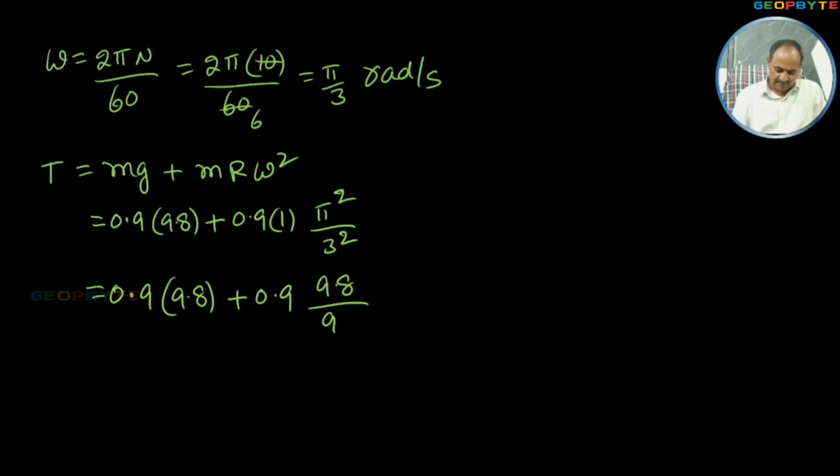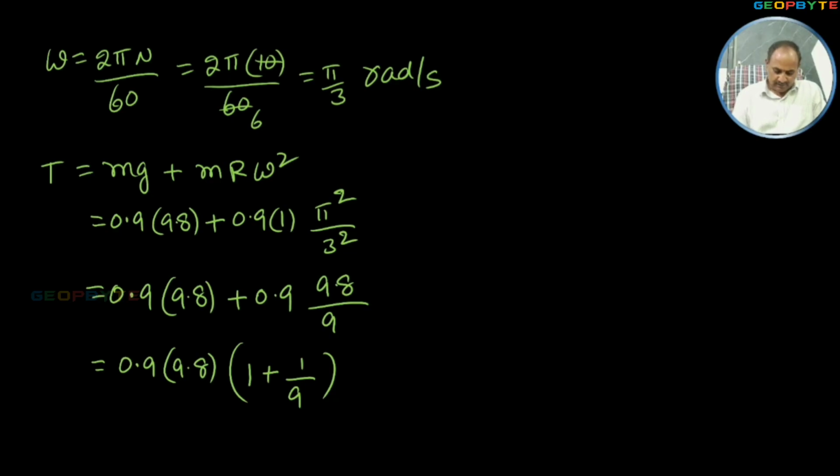Now we simplify this value. 0.9 into 9.8 you can write outside, into 1 plus 1 by 9.